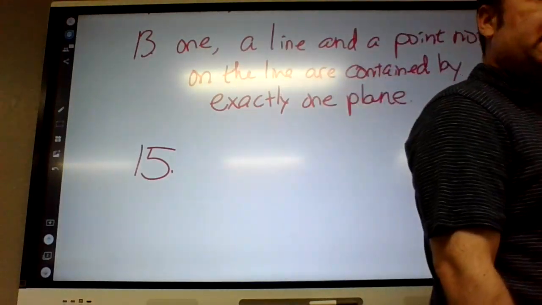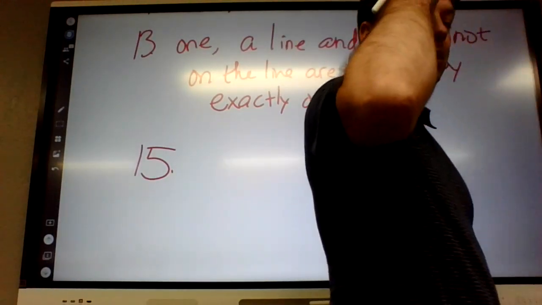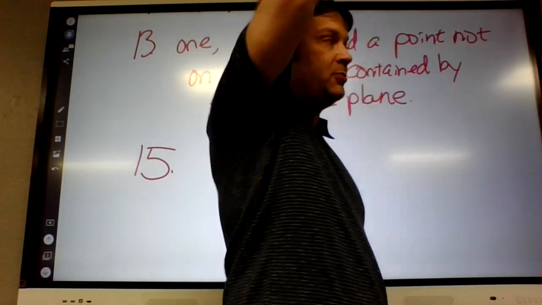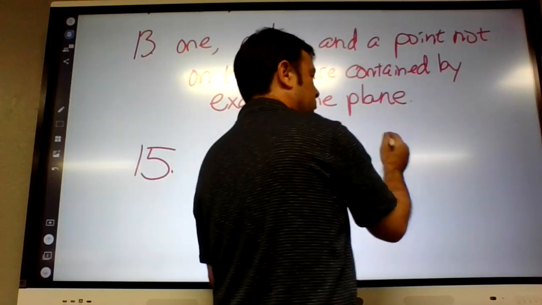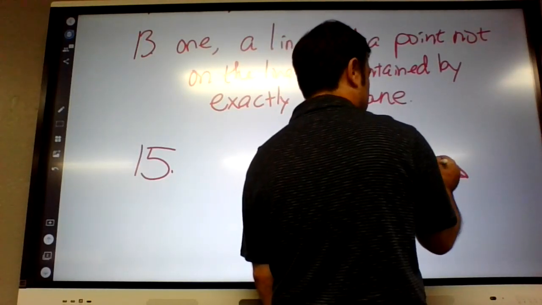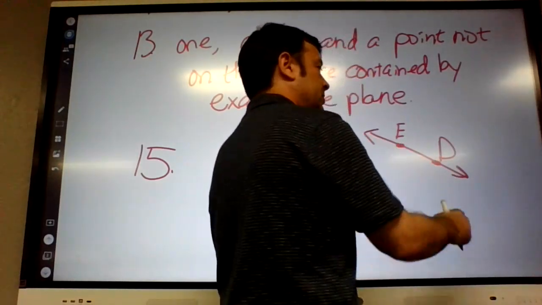Okay. 15. What is the intersection of lines ED and DB? If you drew lines ED and DB, where would they intersect? Where do two lines intersect, like what kind of thing?